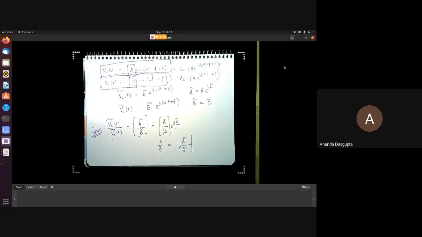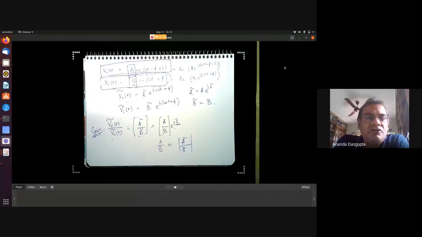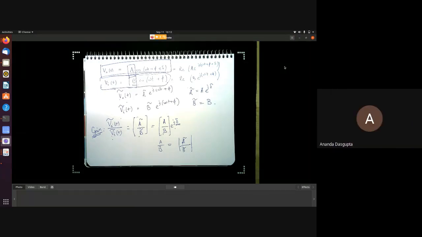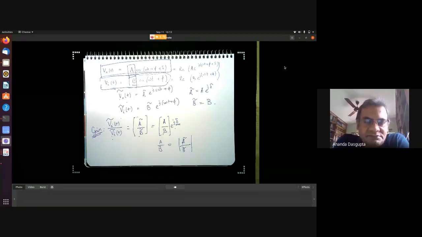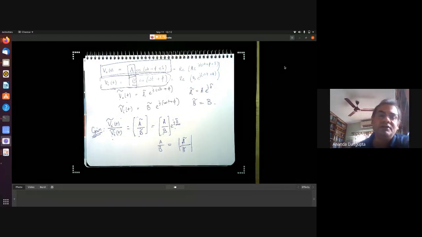So if you take the convention that you are always going to use the RMS voltage, then again the ratio of the RMS voltage is actually A by root 2 by B by root 2, which again turns out to be A by B, right? So it's A by B which you really need to call the gain, and not A tilde by B tilde. But once you calculate A tilde by B tilde, you just take the magnitude, and that gives you A by B.